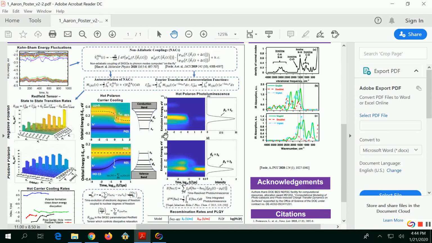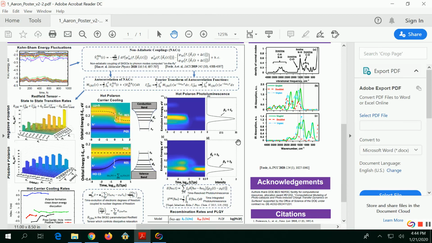Comparing the negative polaron, you just look at intensity over its lifetime. Negative gives us a greater number of counts. That gives one indication that it's a better emitter than the positive polaron.